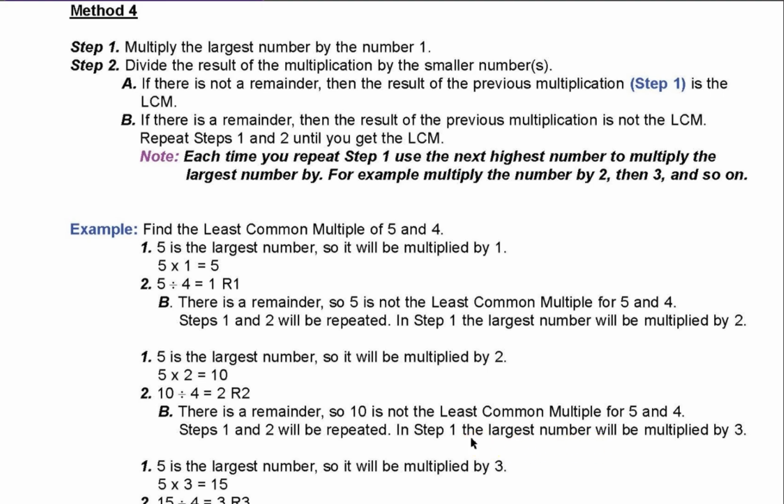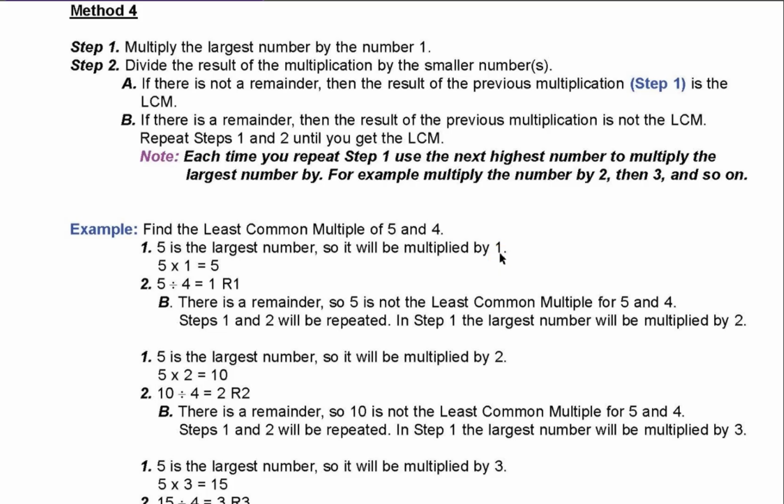Since we multiplied by 2 in the previous steps, we will now multiply by 3. Notice when we don't find the least common multiple, we increment by 1.